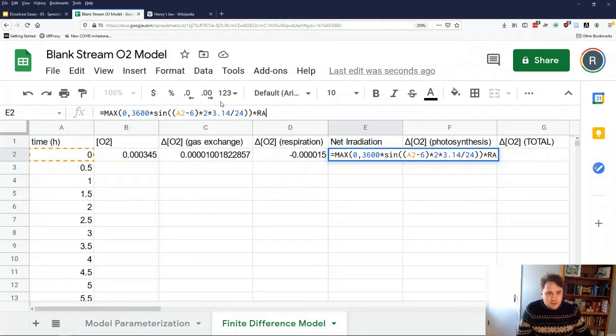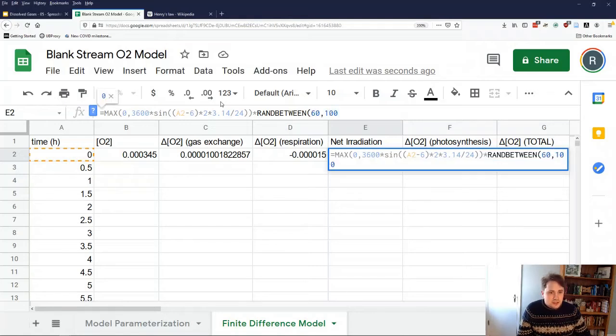The function for a random number in Google Sheets is RANDBETWEEN, between 60 and 100, and then we can divide this number by 100 to get a fraction that represents the amount of sunlight that's getting through. And so here's our random cloud term.